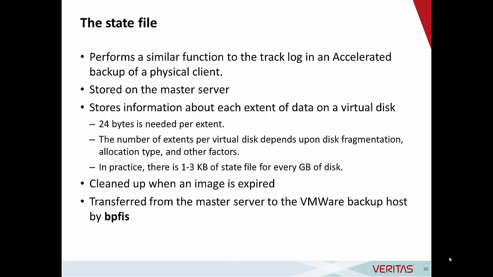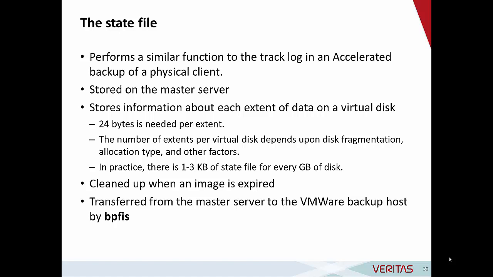The state file performs a similar function that the track log would in an accelerated file system backup. As we mentioned, this state file is going to be stored on the master server, and it's going to contain information about each extent of data on a virtual disk. 24 bytes of space is needed for each extent on the disk, and the number of extents per virtual disk depends upon a lot of factors, including disk fragmentation and allocation type.